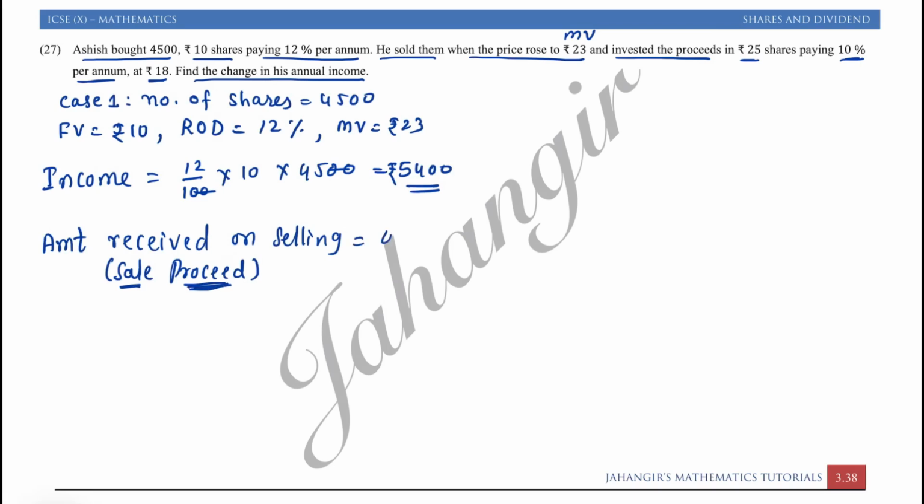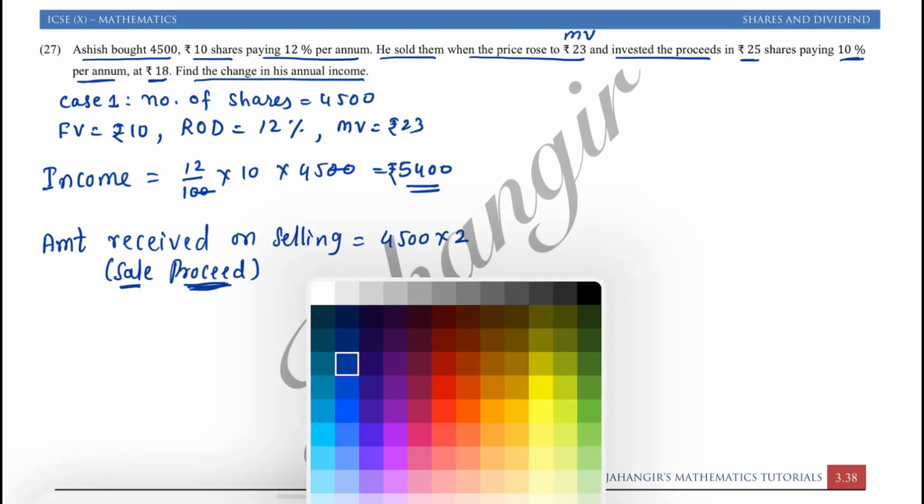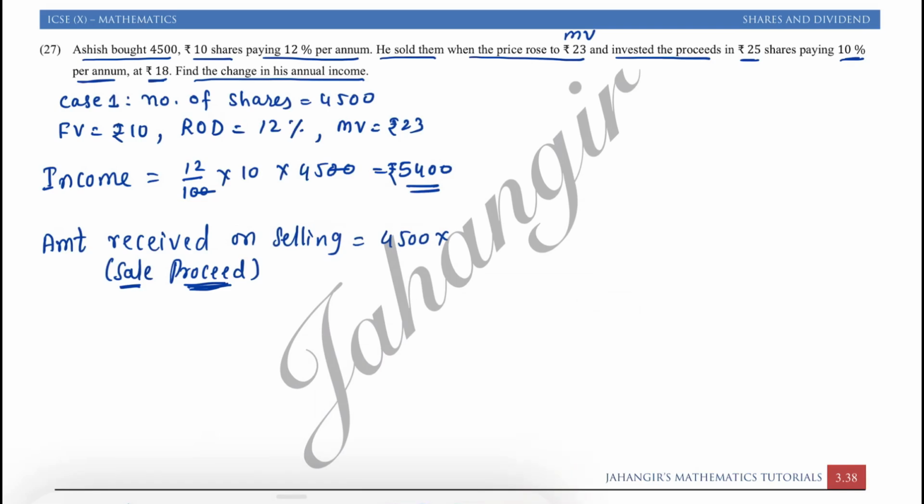So that is 4,500 number of shares into 23. That is equal to 1,03,500 rupees.